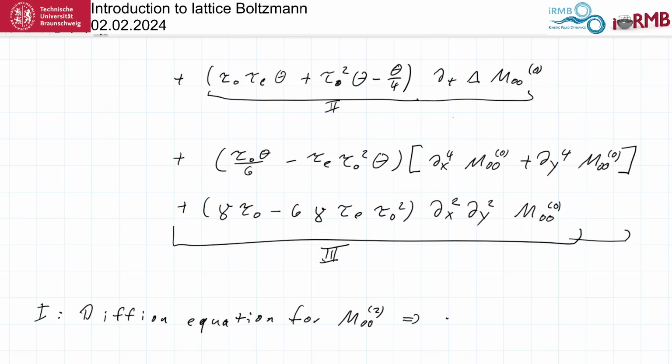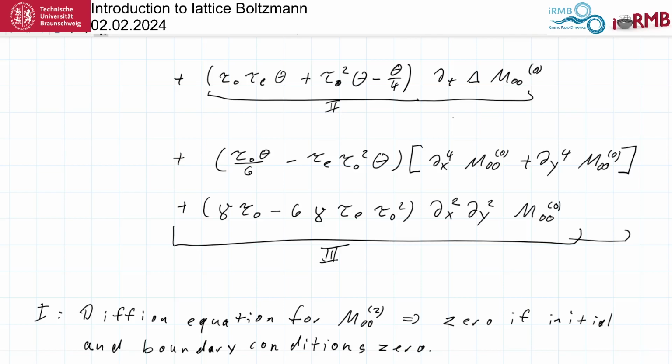And this equation can be put to 0 by appropriate initial and boundary conditions. So a diffusion equation with initial condition 0 and boundary condition 0 is also always 0. Yeah? So we can get rid of this quite automatically. So this is not a problem.